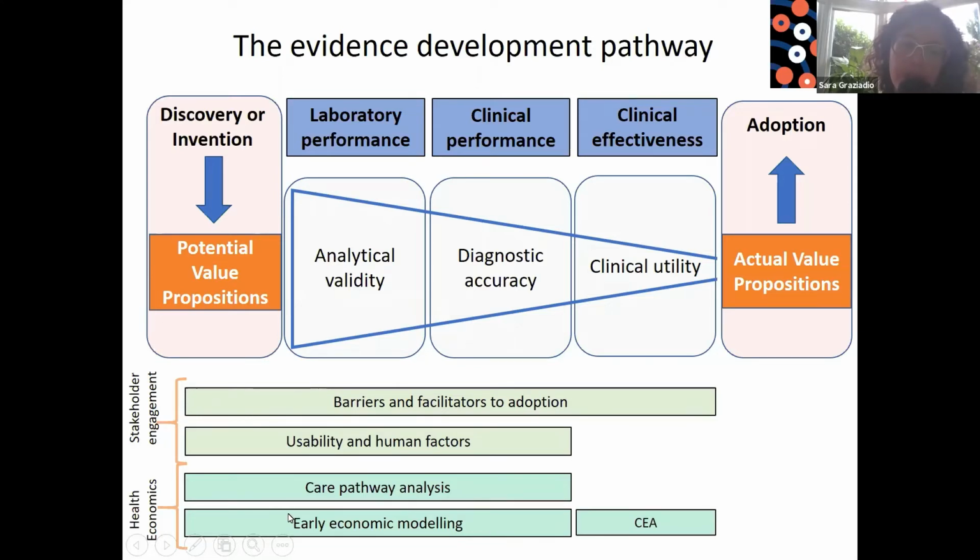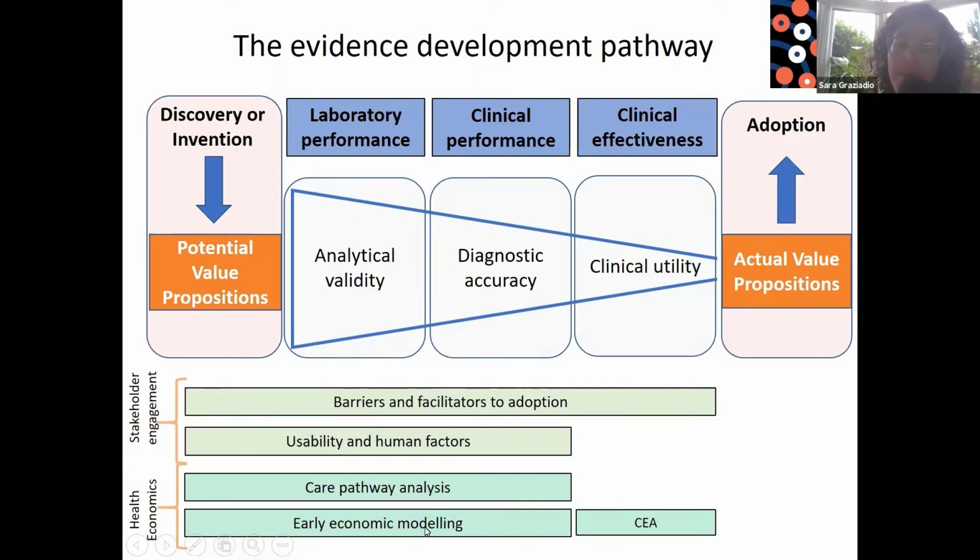Early economic modeling is different from a full cost-effectiveness analysis. I think it's an important step in the evaluation. The aims are different. It's not going to be the model that you present to NICE. This is just to understand. Sometimes it could be a headroom analysis to understand the price point for the test.